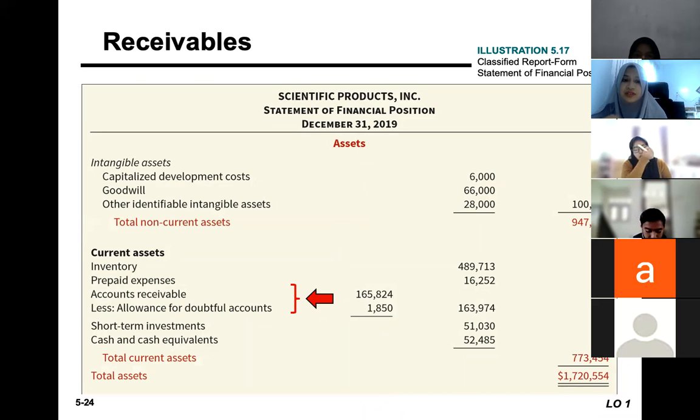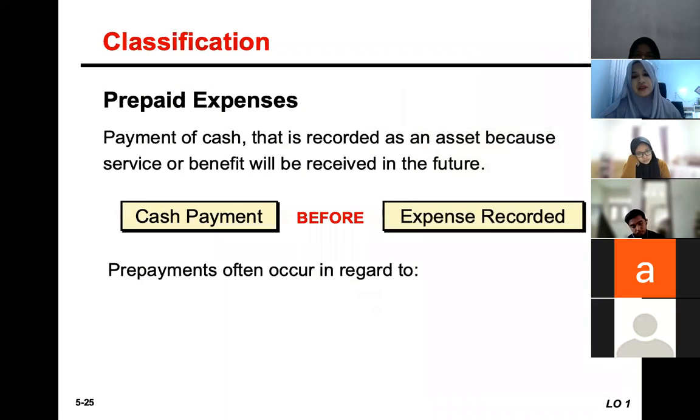The company uses the receivable as collateral to get a loan from the bank. So the company needs to disclose if it used the receivable as collateral to get the loan from the bank. So here, account receivable needs to be subtracted by allowance for doubtful accounts or allowance for uncollectible accounts.